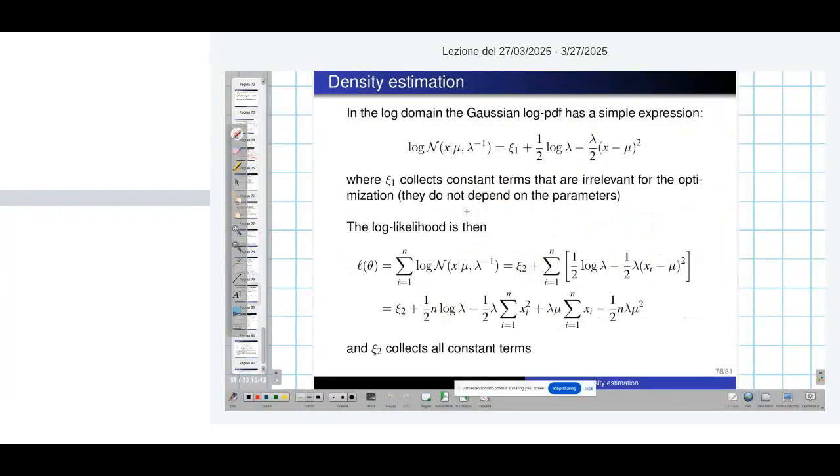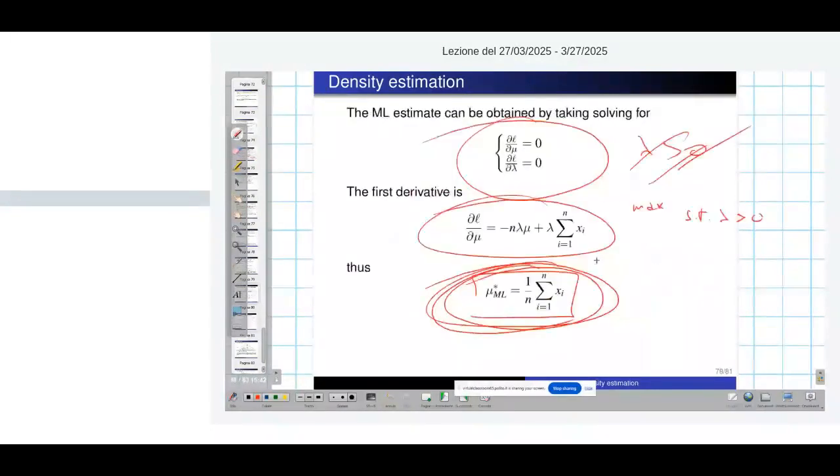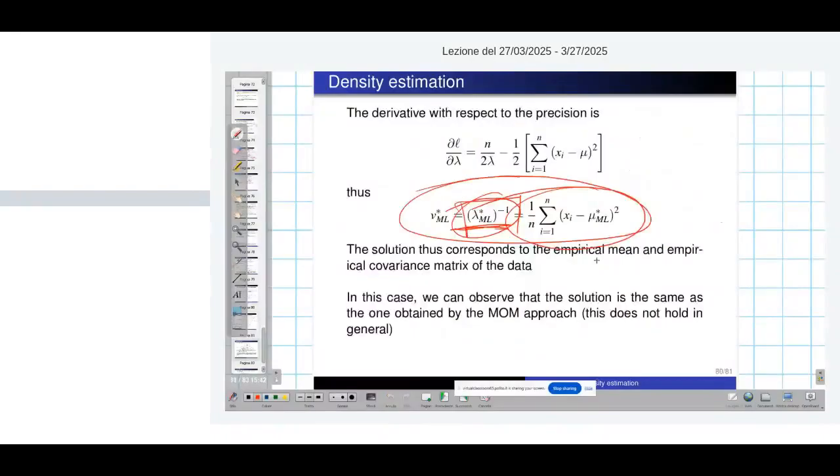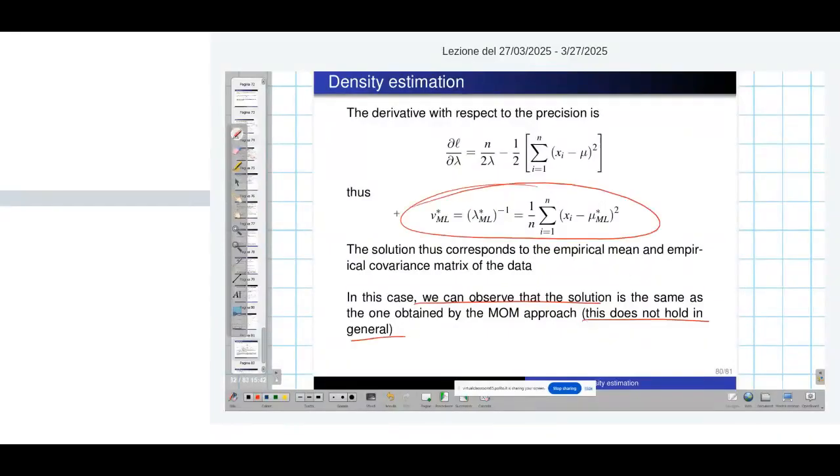Solving for lambda just means taking the derivative with respect to lambda. I have the lambda minus 1 that comes from this term, and all the others are linear functions of lambda, so what remains is just the constants. Now, in this case, but this is not general, the maximum likelihood solution and the method of moments solution are the same.